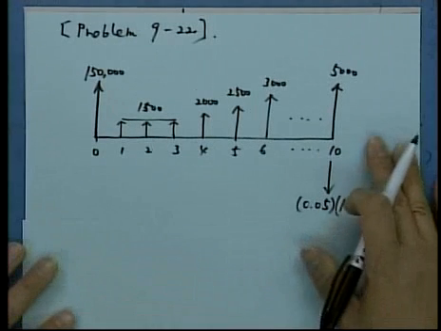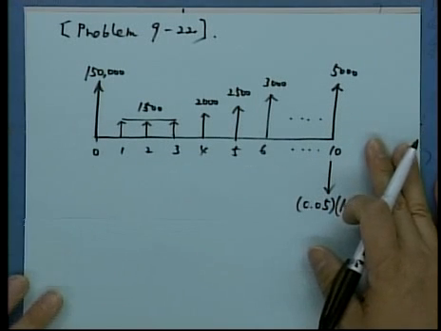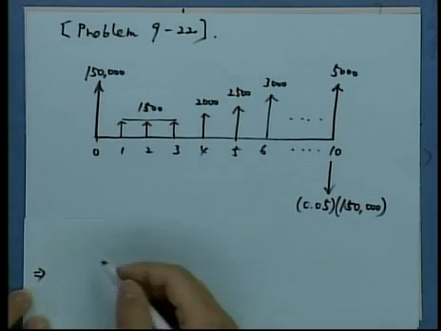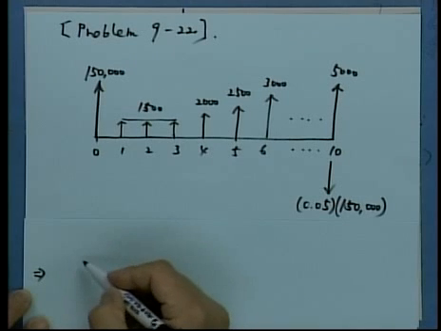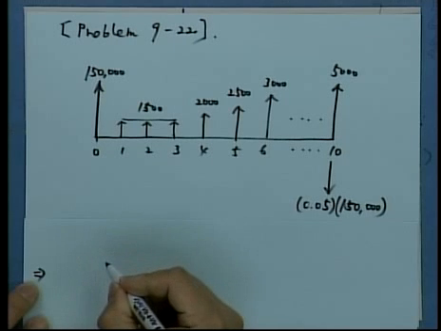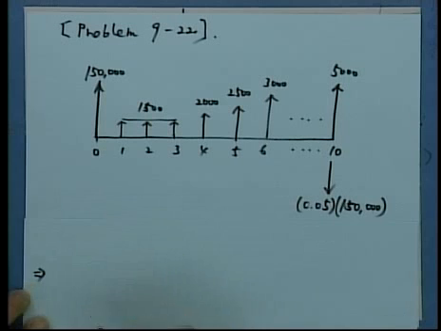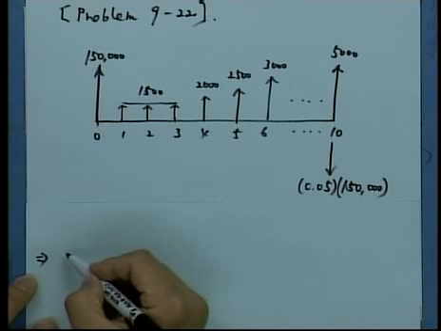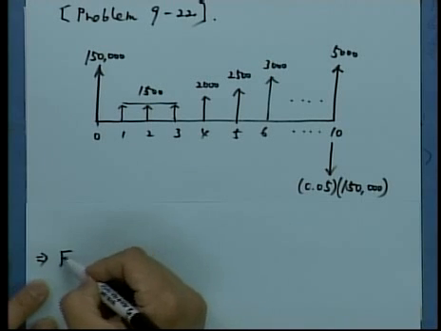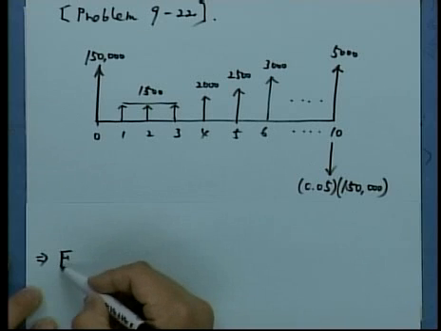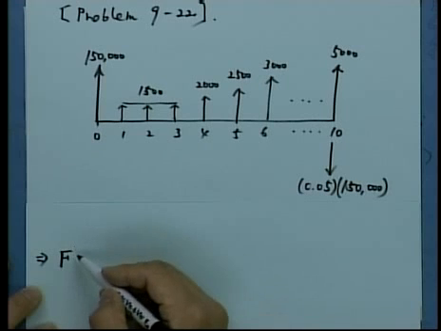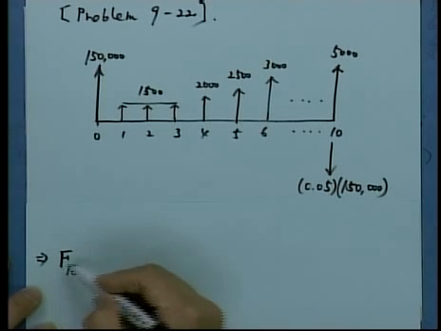So it's going to be a summation of these, because we want to get the future worth at the end of period 10.